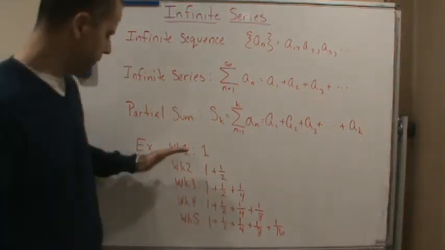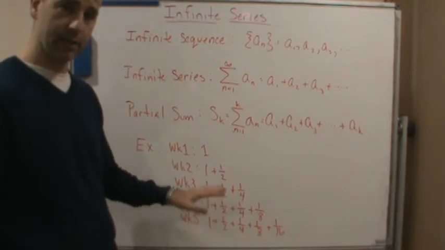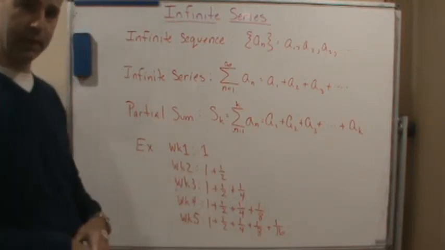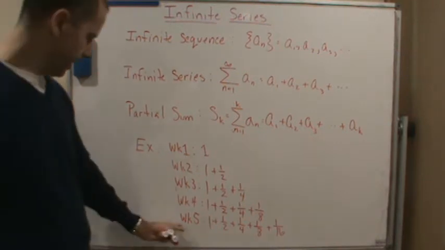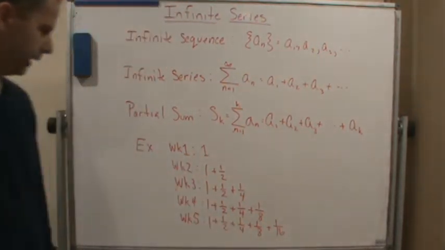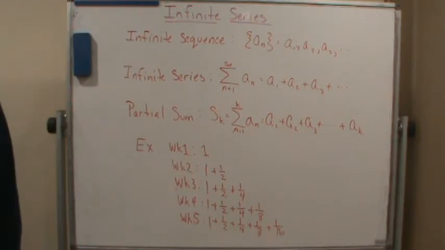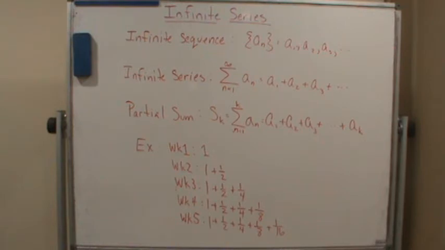Again, this progression from week 1 to week 5 represents the total amount of oil that's seeped into the lake from the beginning. So after 5 weeks, this is how much total oil has seeped into the lake, and it keeps going on like this. Half as much is going into the lake every week.